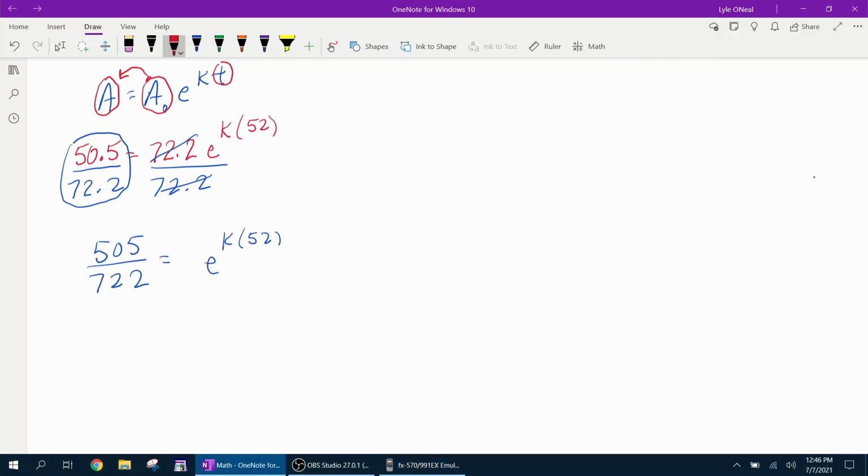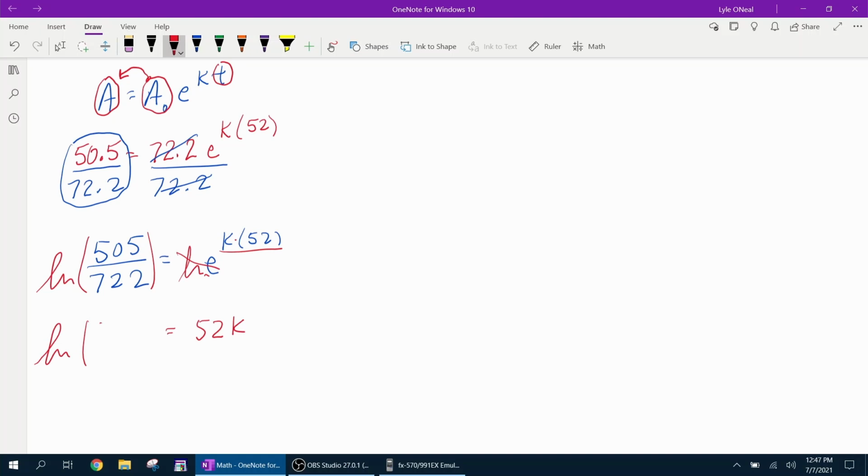Okay, now that we don't have a coefficient of e, we can stick an ln in front of that e. Remember, whatever you do to one side, you have to do to the other. So we're taking the natural log of both sides, because ln and e cancel, and the exponent comes down and becomes just 52k. Okay, that's multiplication, so I can switch the order.